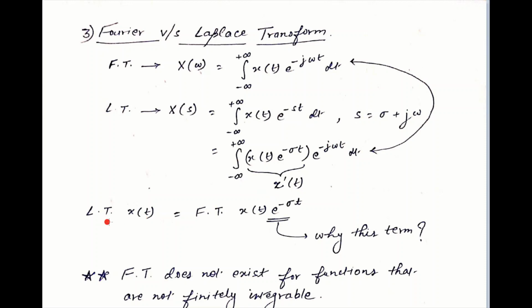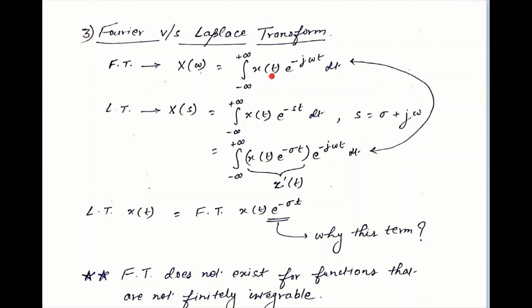We can say that the Laplace transform of x(t) is equal to the Fourier transform of x(t) into e raised to the power minus sigma t. This is x(t) into e raised to the power minus sigma t, and when I multiply it with e raised to the power minus j omega t and take its integral from minus infinity to plus infinity, it becomes the equation for Fourier transform. All right.